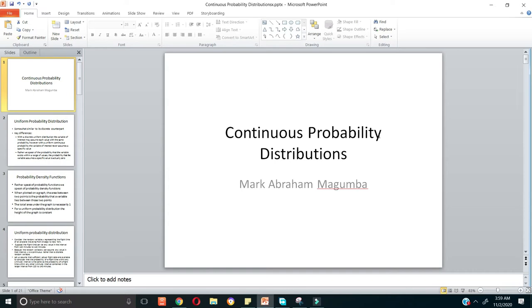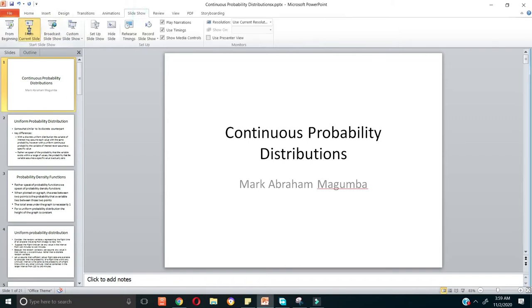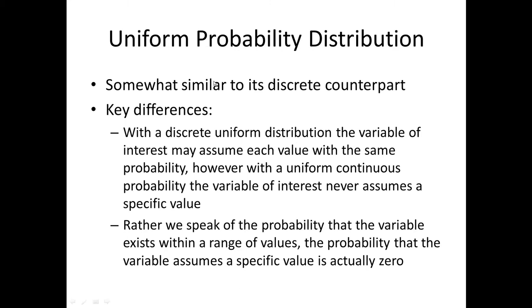So I'm going to start off with the uniform probability distribution, which is very similar to its discrete counterpart. But the difference is that when you're doing a uniform continuous distribution, the variable of interest may assume any value with the same probability, but it does not ever assume a specific value.